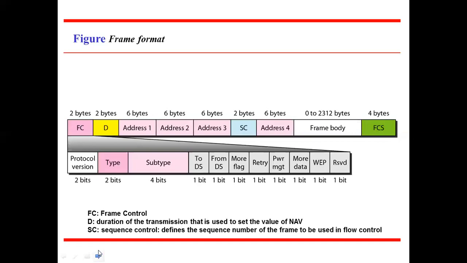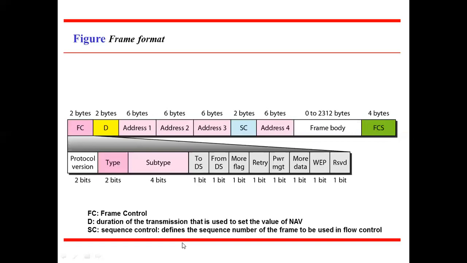The subtype of each type is defined in the next section, where 4 bits of information are sent. Then to DS and from DS, which I told you are among the most important things, where the data stream related things are controlled. Then flag information, such as fragmentation changes, everything is controlled by this.